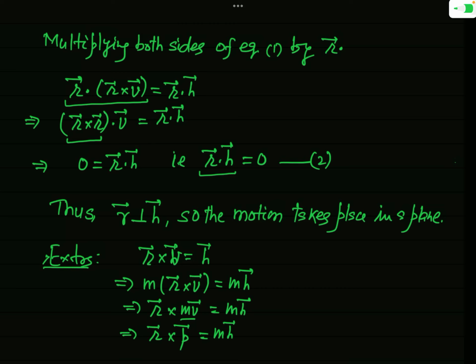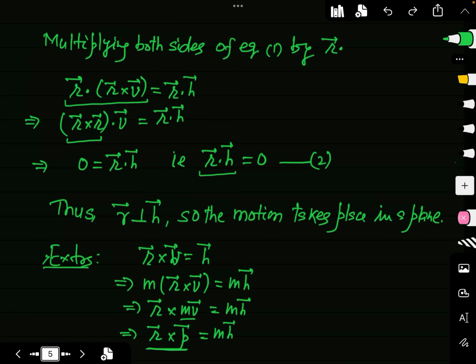But you know that p is linear momentum, and r cross p is called the moment of linear momentum, and moment of linear momentum is simply the angular momentum. So this r cross p is the angular momentum of the particle. So you can say that this angular momentum J is equal to m times h. This is also an important result, and from here you can see what is this h. h is equal to J over m.